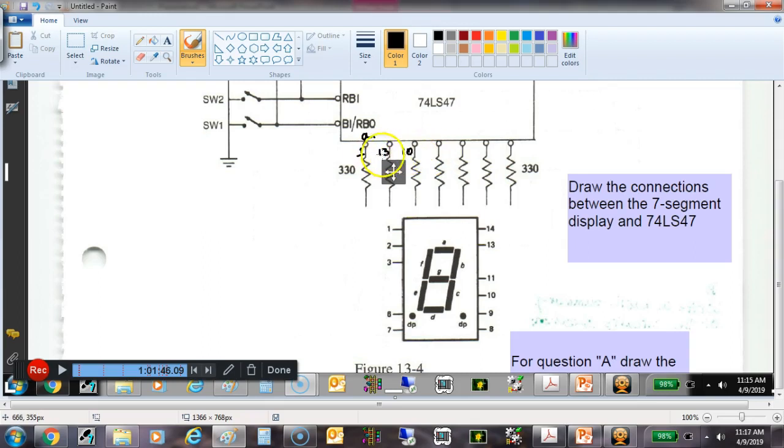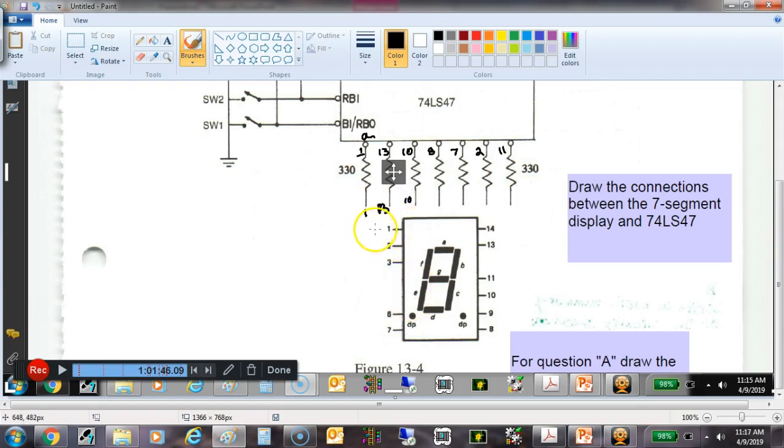If this is going to be D, this would be pin 8. And then if this is going to be E, this will be pin 7. F would be pin 2. And then G would be pin 11. And then down here, let's just duplicate these numbers.